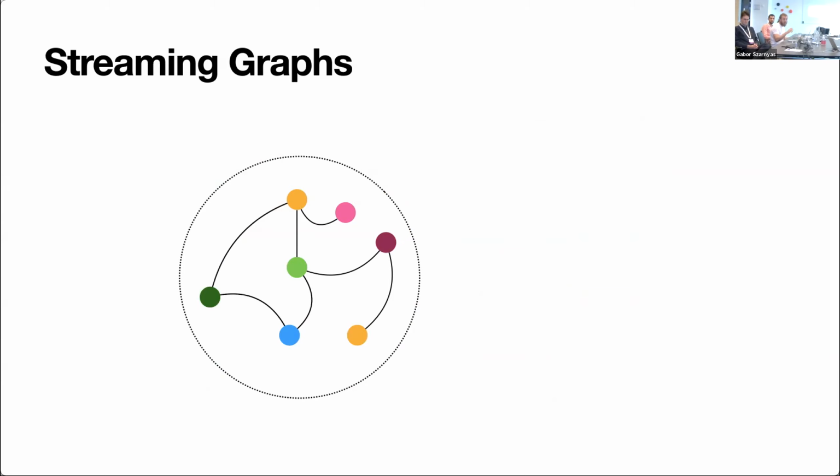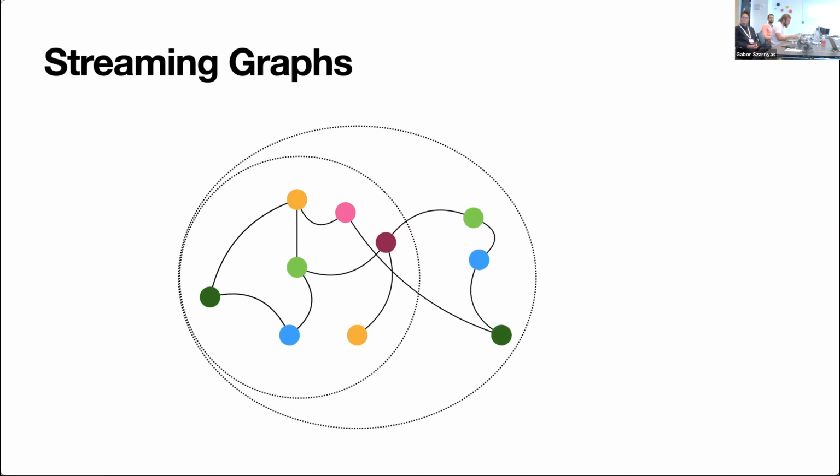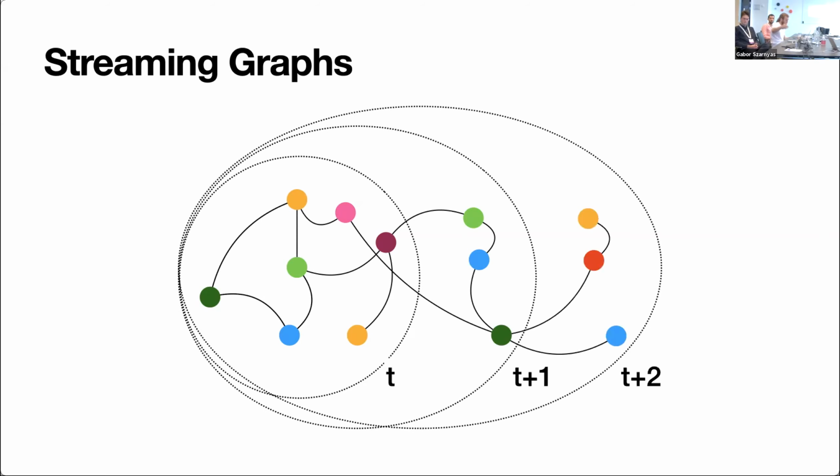Every one represents a color. The number of vertices is not bounded. I can discover new vertices over time, and the circle around the vertices represents time. So the more time passes, the more edges I discover, the more nodes I discover, potentially growing infinitely. Okay, this is a streaming graph.